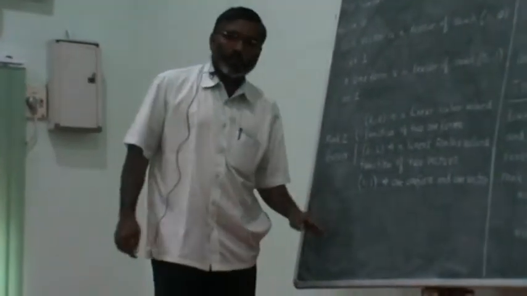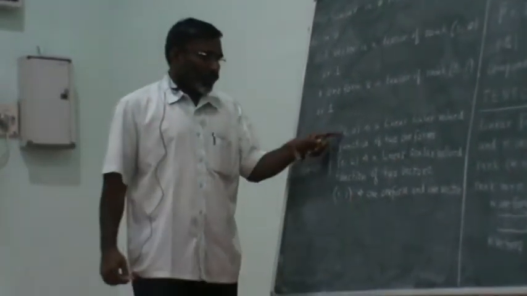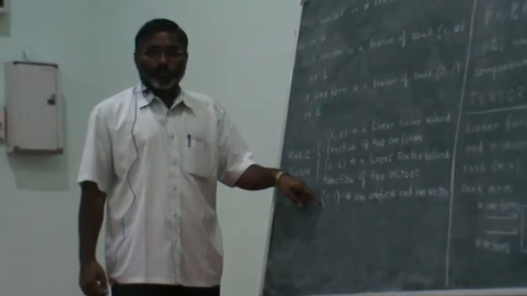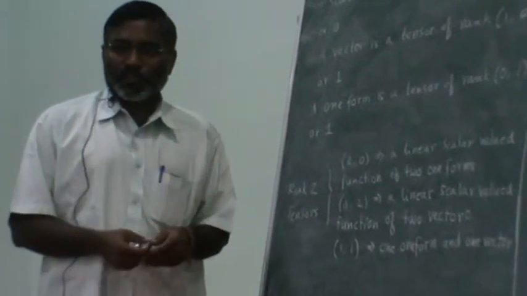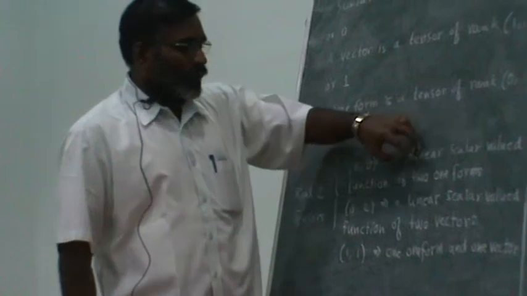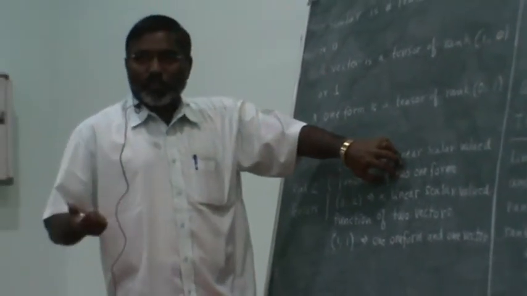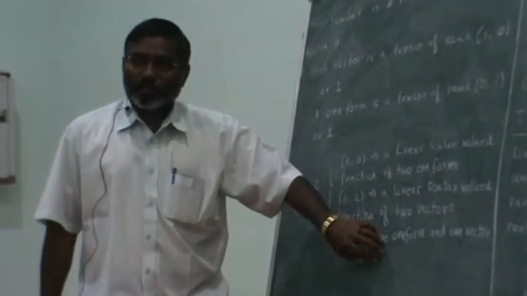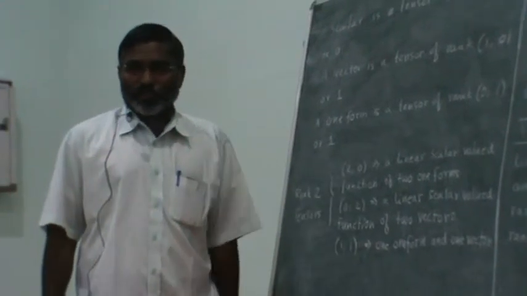And we can go on writing like this, any tensors, and you will see that these things are all isomorphic to each other. A linear functional like this, you can have a set of linear functionals of this type, which will also form a vector space. They will all be isomorphic to each other.